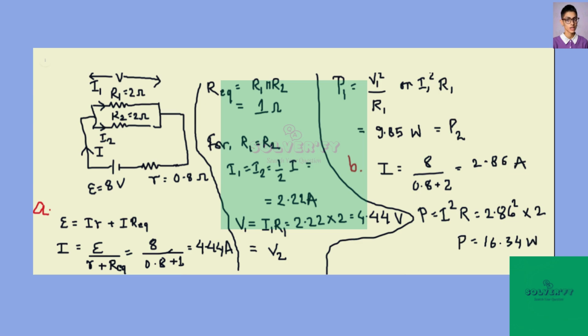So now the power dissipated by the bulb is 16.34, while previously the power dissipated by the bulb was 9.85. Now the power dissipated is 16.34. So the bulb glows more brightly.